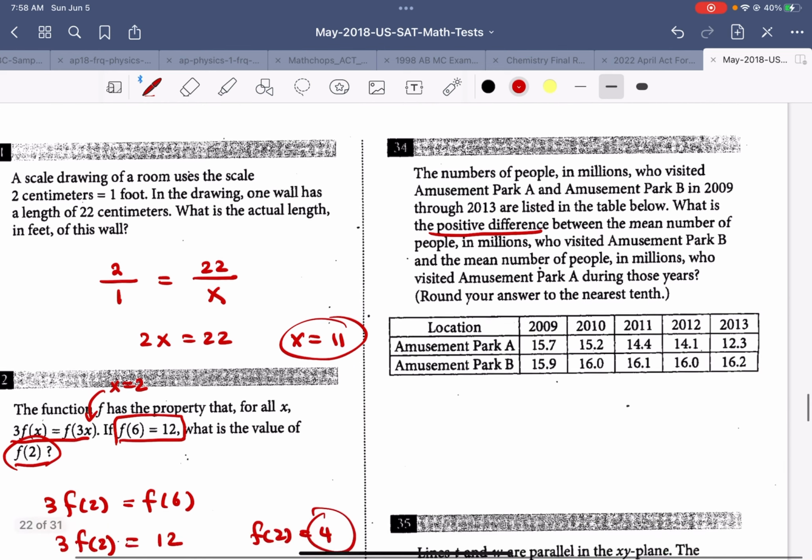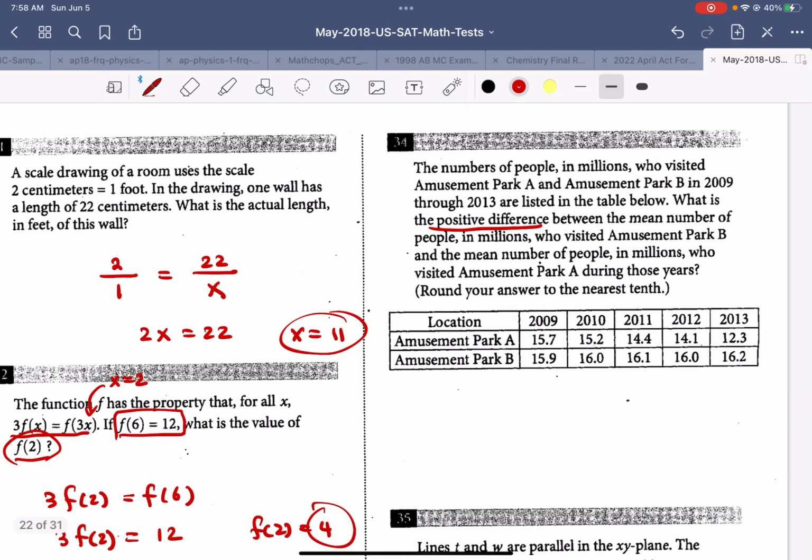So let's find out the mean value. Mean is average. So let's say the mean of Park A is 15.7, 15.2, 14.4, 14.1, plus 12.3, out of total data 5.